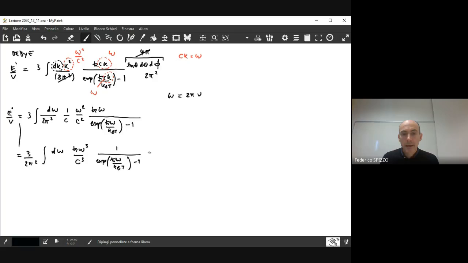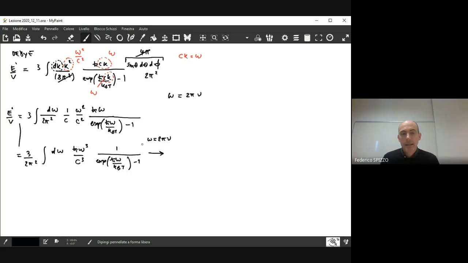If I now replace omega by 2 pi times a frequency, what is the idea behind this substitution?